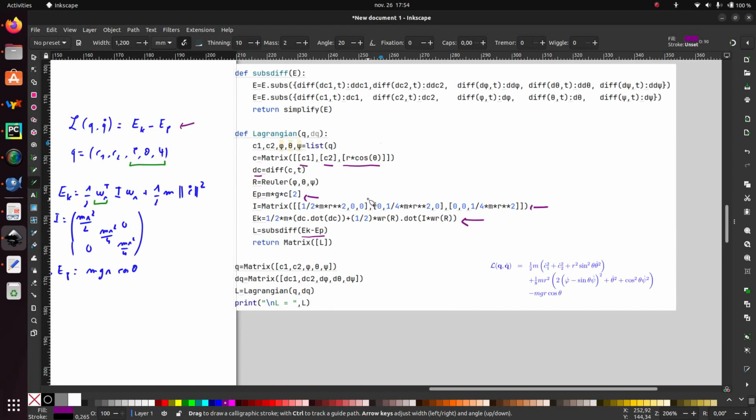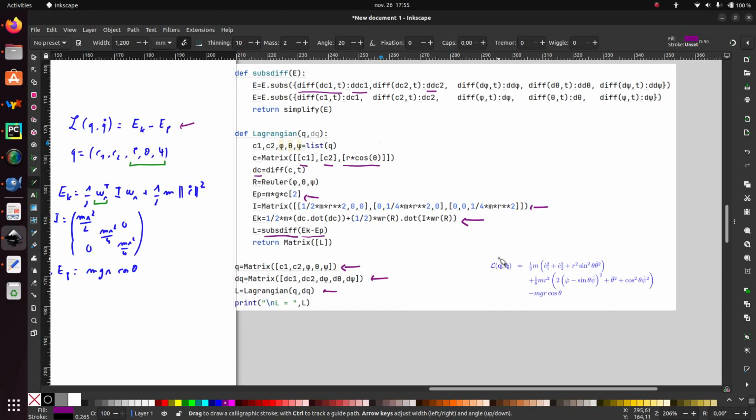Then I use a substitution function, which will simplify, as we'll see illustrated just after, and replace some functions like this by the variables I will need later. The Q vector, the vector of degrees of freedom, is given here, and its derivative is given here, and the Lagrangian depends on Q and dq.